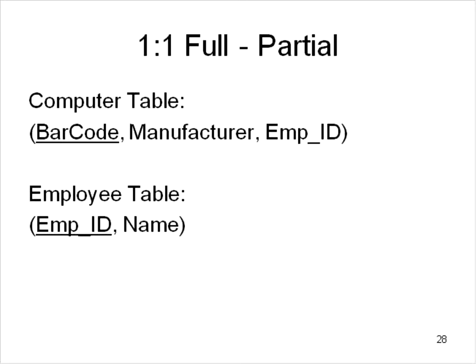Now there was a partial participation going from employee to computer, so we take the key from the partial side, employee, and include it in the full side, computer. So that's why the primary key of employee ID went to the computer table as a foreign key. And the definition of a foreign key, in case you haven't gotten that yet, is it is a key of some other table. It's not my own key, and I'm just carrying it basically.